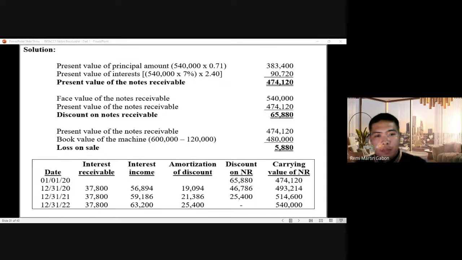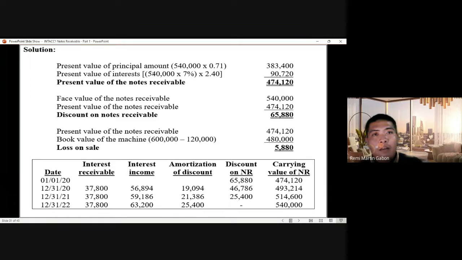Now, let's analyze the amortization schedule. Ito yung amortization schedule natin. So yung interest receivable na 37,800, consistent yan from 2020 to 2022. How did we arrive with 37,800?